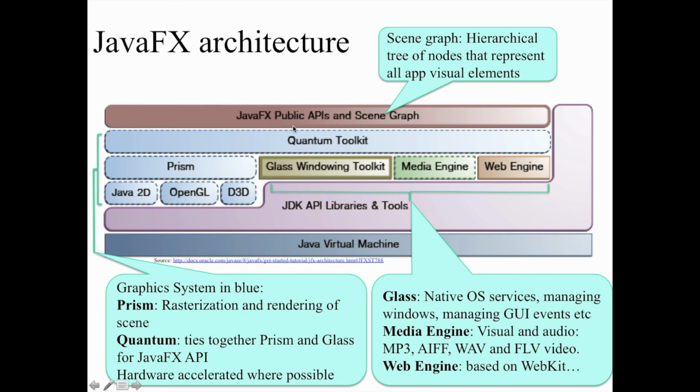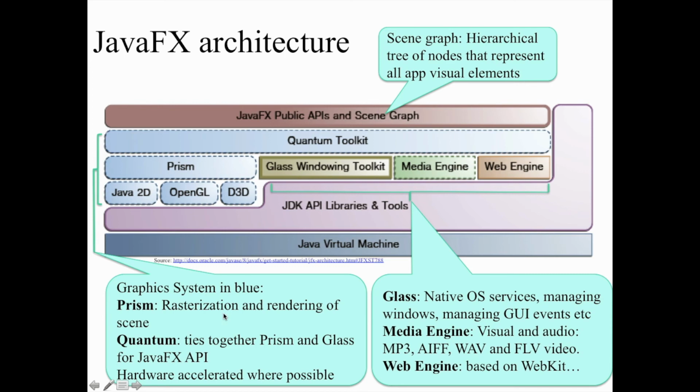Under the JavaFX API, there's this Quantum toolkit. I'll come back to that in a second, but under that we have Prism and some other things, Glass and so on. So Prism, as it says down here, is rasterization and rendering of the scene.